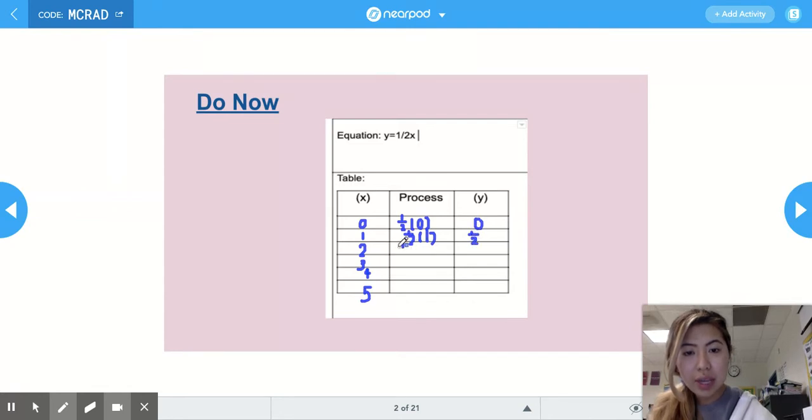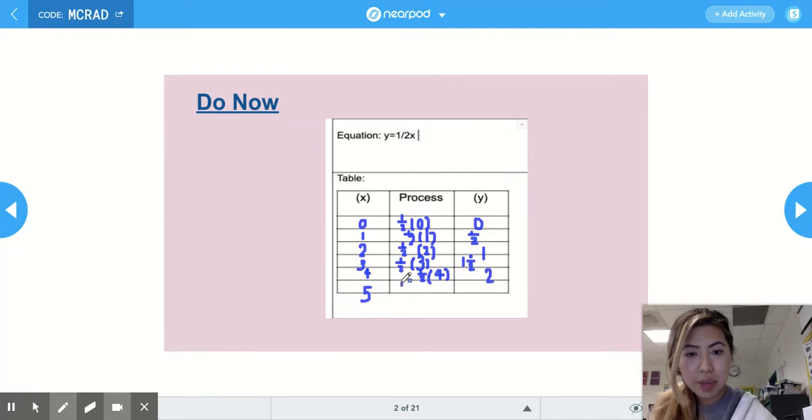Then I'm multiplying half times 2. And that's 1 whole. Then I'm multiplying half times 3, and that's 1.5. And then I'm multiplying half times 4, and that's 2.